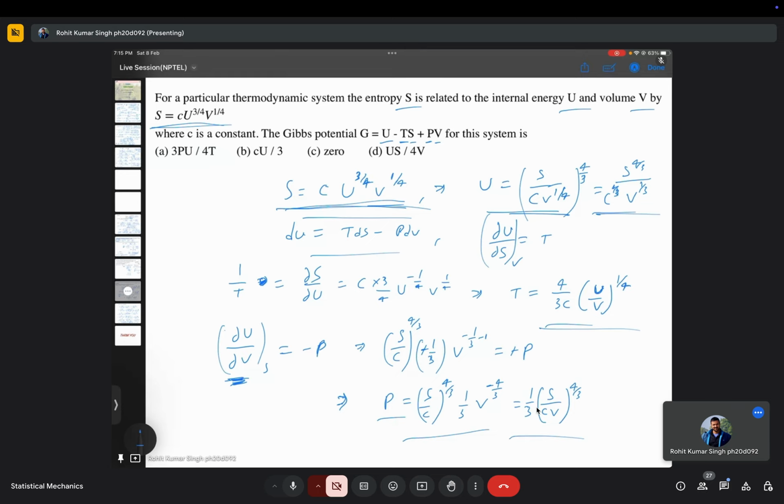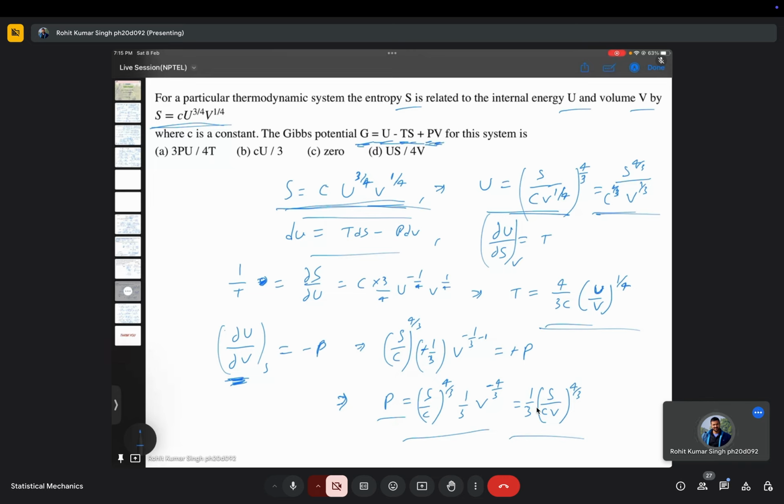So what did I tell you about the Gibbs potential? Do you remember? This is also a state function, okay?